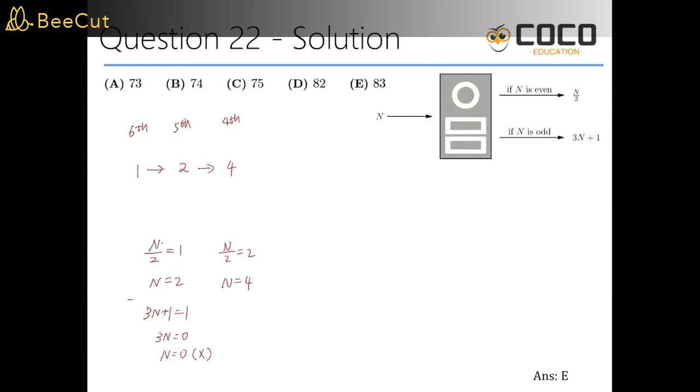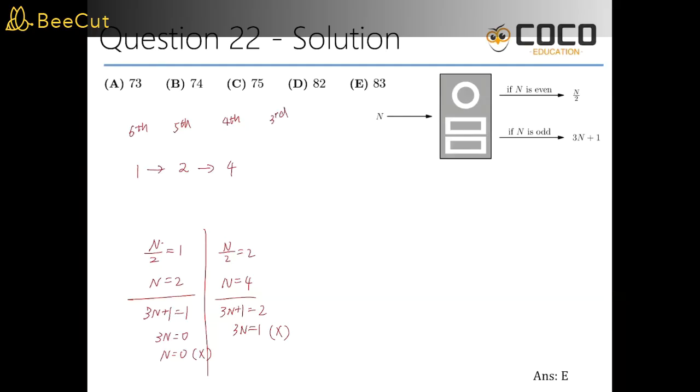For the second case, 3n plus 1 equal to 2, 3n equal to 1, this is wrong, n is not a whole number.